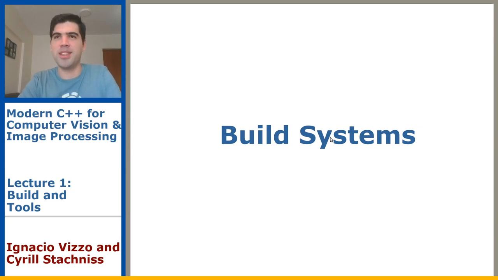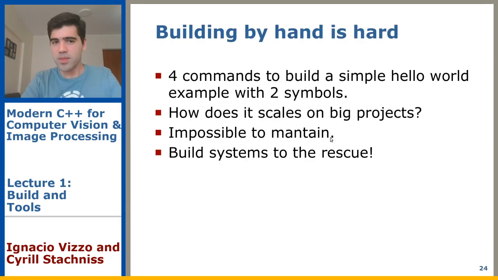It's impossible that you can actually build real libraries with much more source code without any real tool behind you. So building by hand was hard. We had 4 commands to build a really simple hello world example with just 2 symbols. And actually this is the first exercise of task number B on your homework assignment. You need to do this by hand.